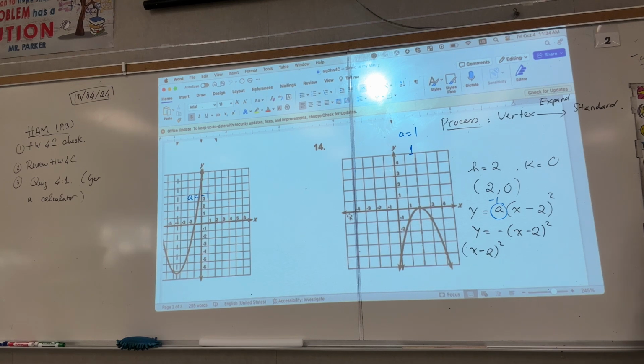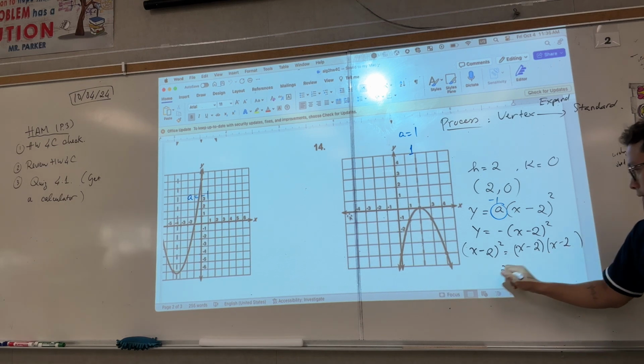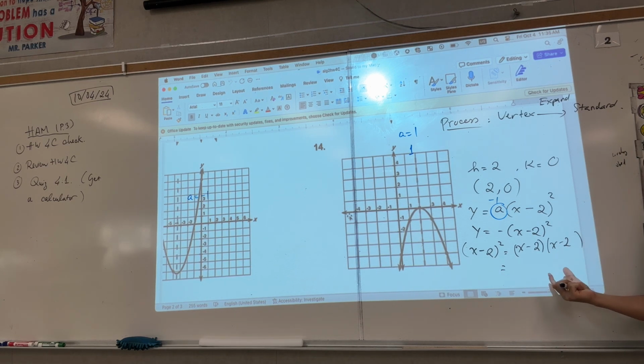But here, the square, what does that mean? Exactly, you multiply it by itself, right? Following? Are you following? Yes? Okay.